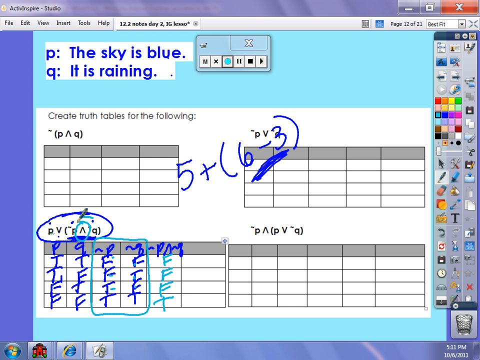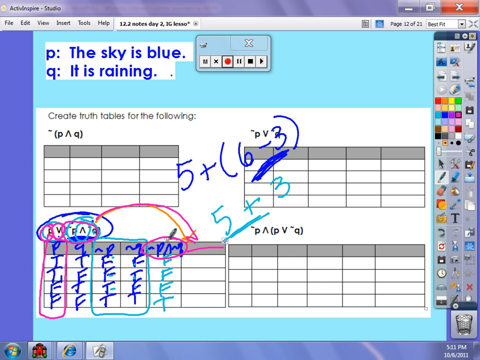Now that we know all the different combinations of this, we can now combine it with the P or, right? So now that I know that this is 3, I can combine it with 5 plus. Same thing. So my final statement will be the very last column. And I'm not going to write that out just because I want to make sure that this doesn't take too long. So this whole statement will go right here. And I'm going to use the columns P, and I'm going to combine them with or, meaning either one of them has to be true, and this last column that I just created.